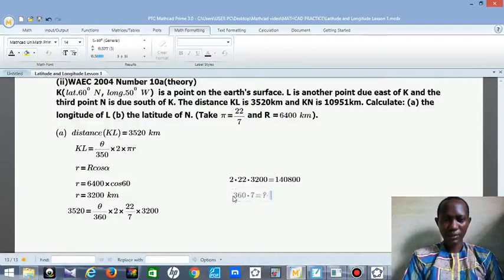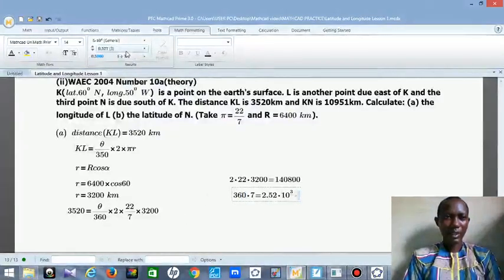360 times 7. Let's put it in decimal. As I multiply the denominator 360 times 7, then the numerator 2 times 22 times 3200.